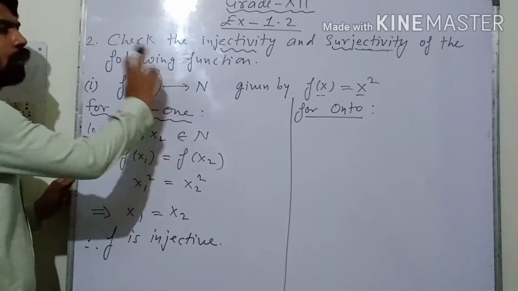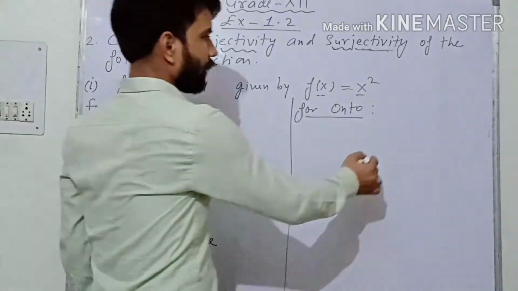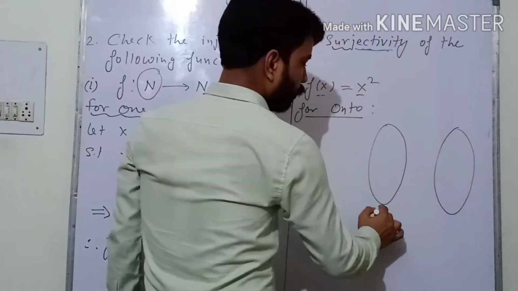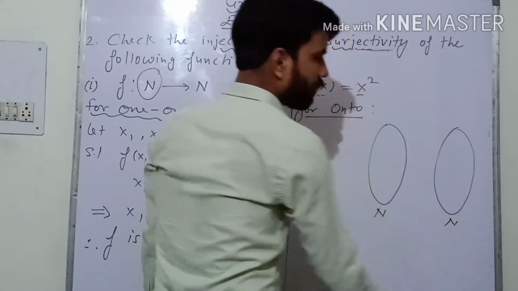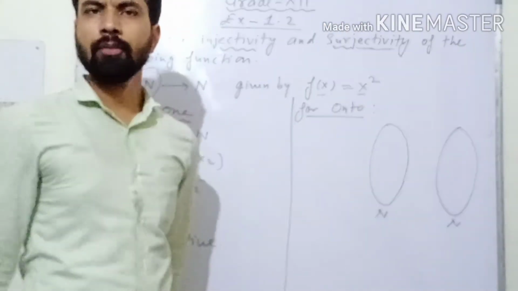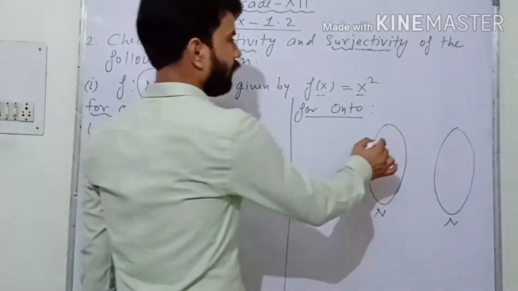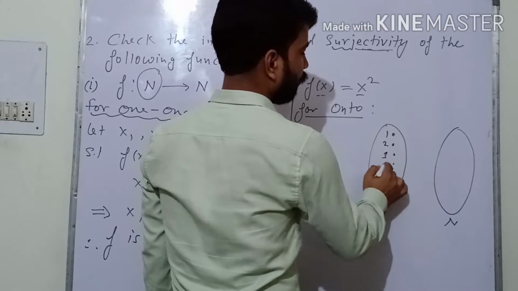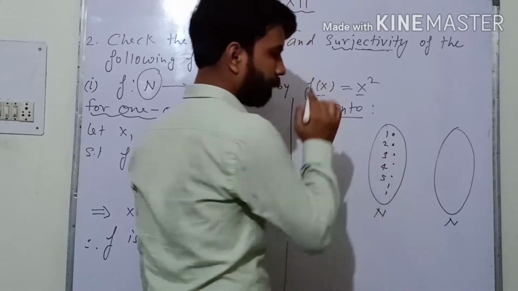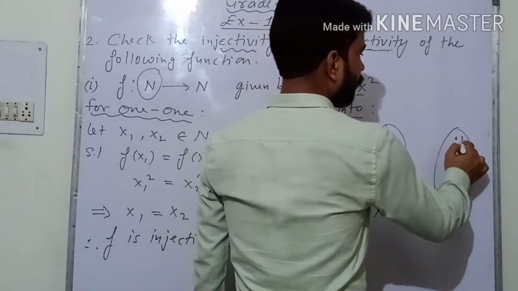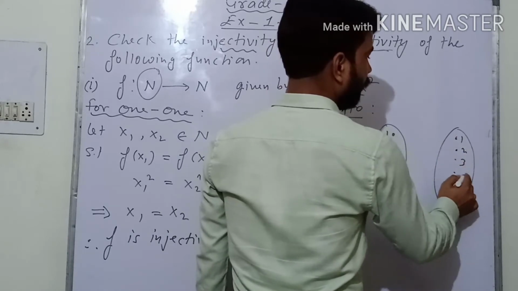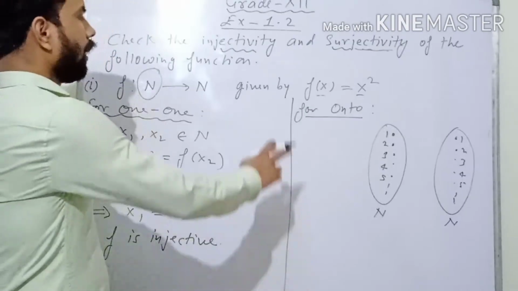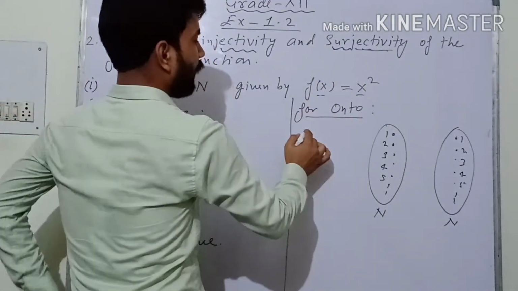Domain is N and codomain is also N. With the help of mapping I will explain. N is the set of natural numbers: 1, 2, 3, 4, 5 and so on, in both the domain and codomain.